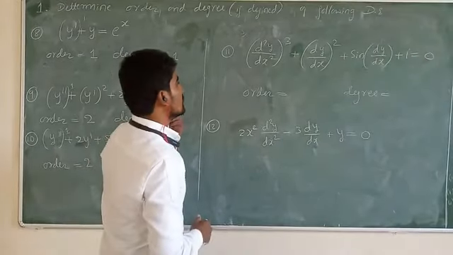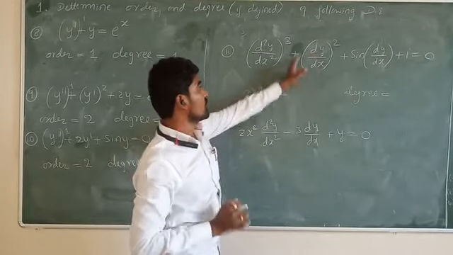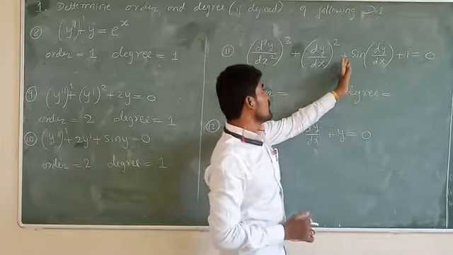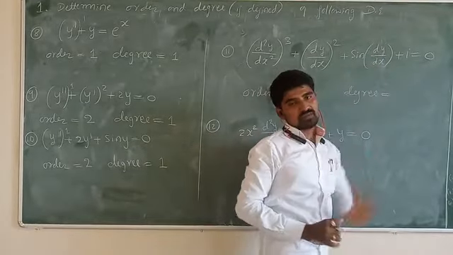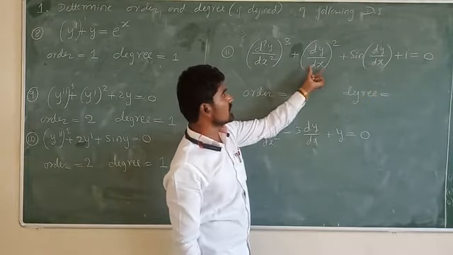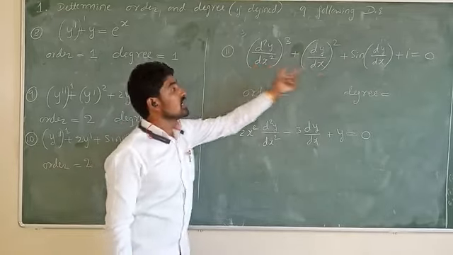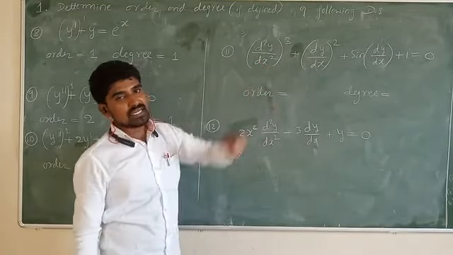And next the 11th question is d square y by dx square whole power 3 plus dy by dx power 2 plus sin of dy by dx plus 1 is equal to 0. This is a first order derivative, this is also a first order derivative and this is the second order derivative, and among these three the second order derivative is the highest order.